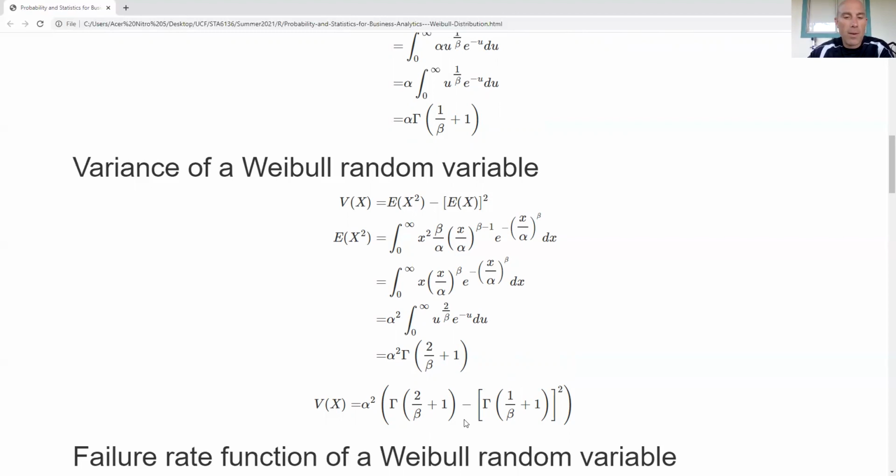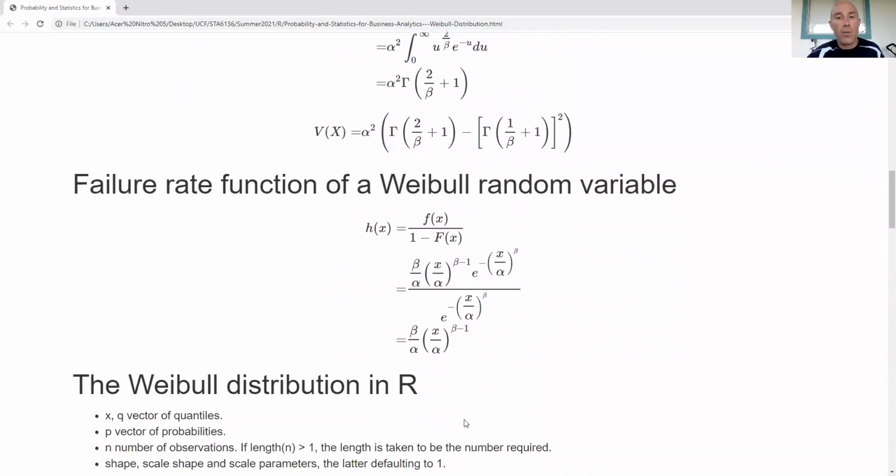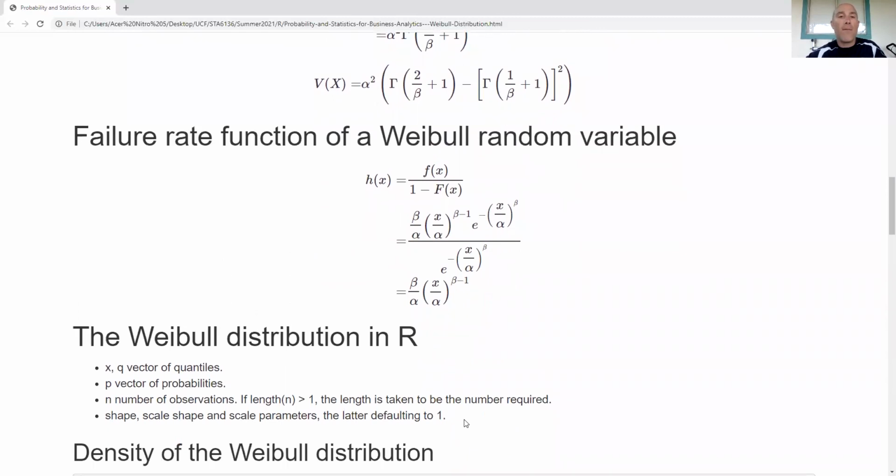Now, the Weibull distribution is very useful for things like survival analysis, failure times, weakest link situations. So that means we're very interested in the failure rate function, the hazard function. Remember, the failure rate function is just the density divided by 1 minus the cumulative distribution function.